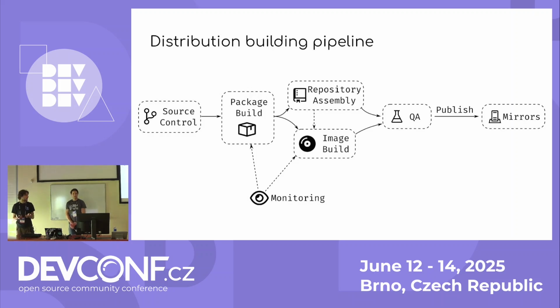We need to provide some artifacts, so image build. Then in a good distribution, there is some kind of QA happening. And then the last step, the crucial one, we need to get it to the user, because without that, it doesn't make sense to do all of this. And also, it might be worth looking at the relation about packages and do some monitoring.